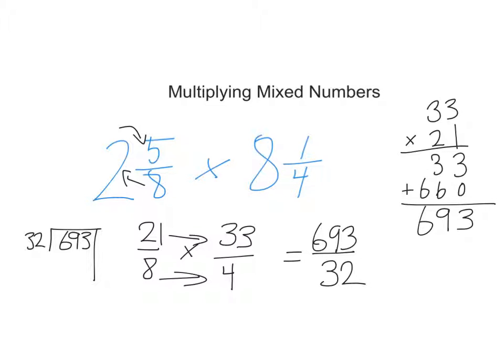I know that 32 times 2 is 64, so I can do times 20 to get 640. And now I can do 32 times 1. Sorry, mistake there. Left with 21. So my answer here is going to be 21 and 21/32.